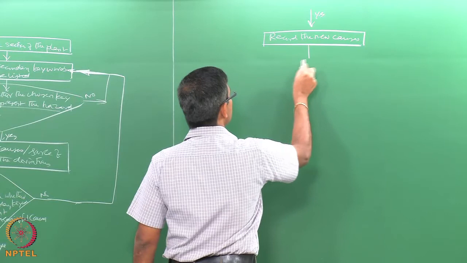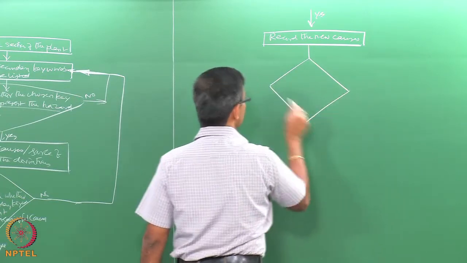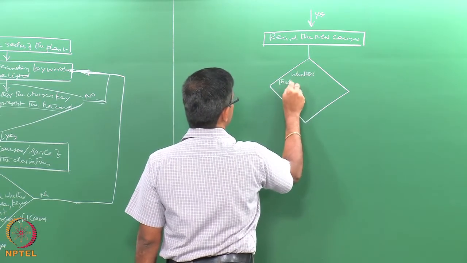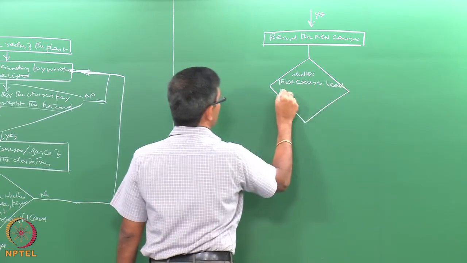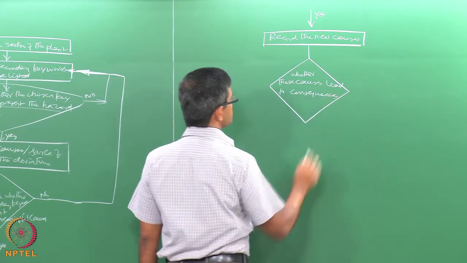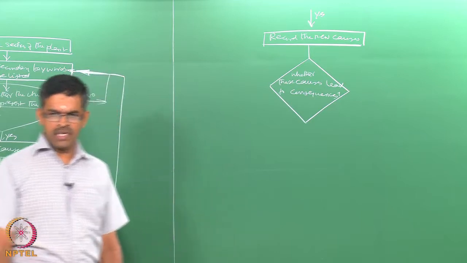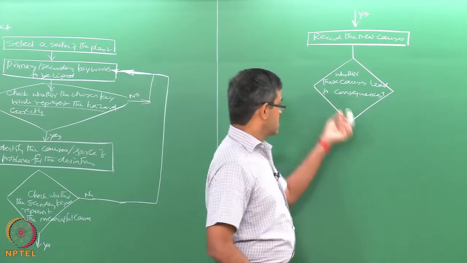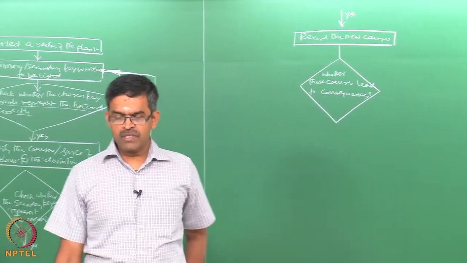Check whether these causes lead to significant consequences, because as we all agree and now understand, all causes will lead to consequences, but certain consequences may be acceptable in terms of risk levels.